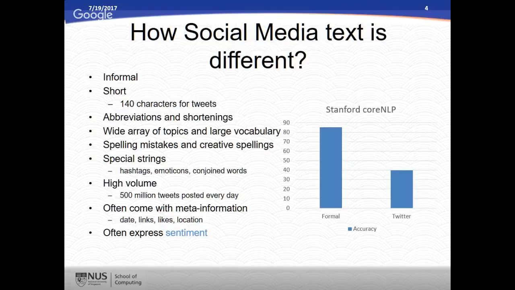But if you apply it directly on Twitter, the accuracy drops to 40 to 50%. So that concludes that a model trained on the formal domain cannot work very well in the case of social media text.